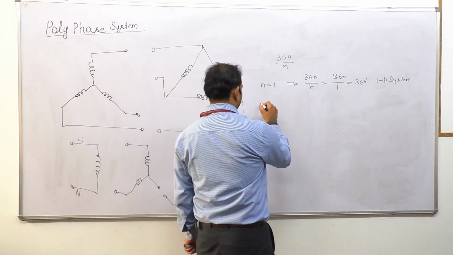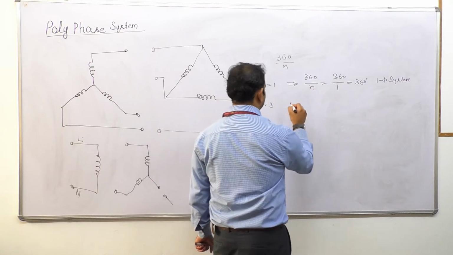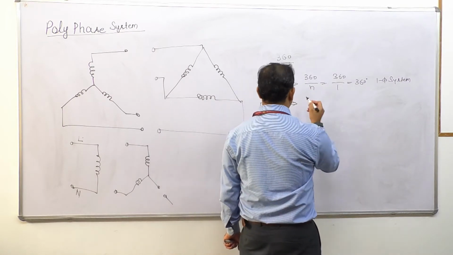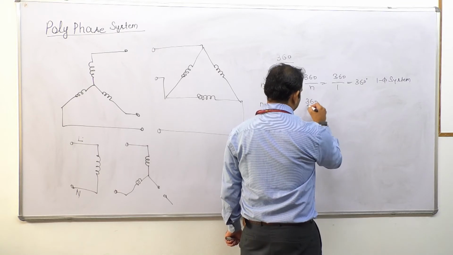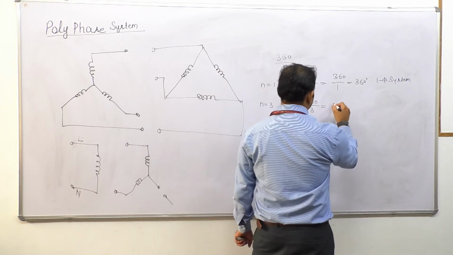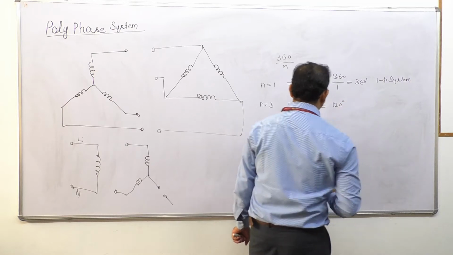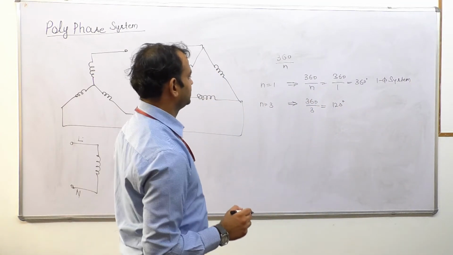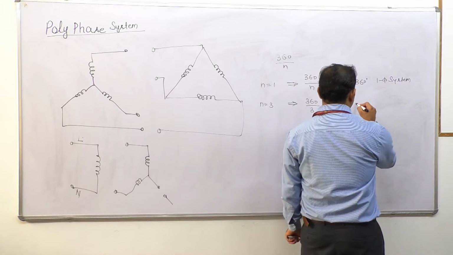In the case of n equal to 3, let us take 2 later on. 360 by 3 is 120 degrees. So this is a 3-phase system.